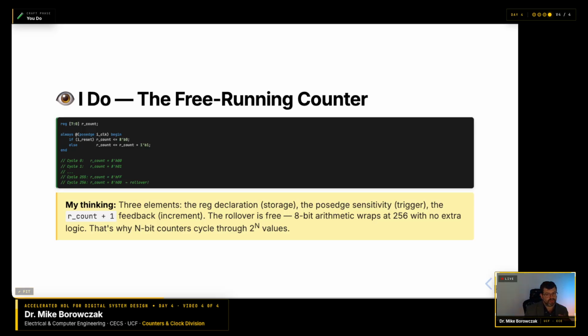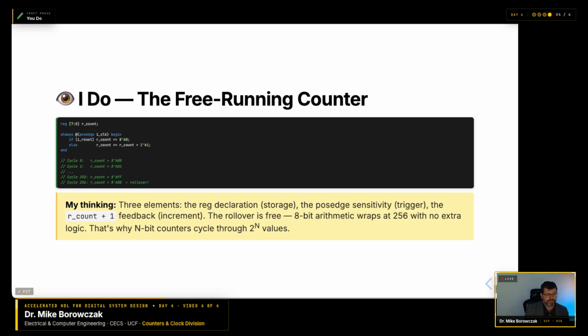We basically get rollover for free. Notice we're not doing any logic in here to roll over, because we have an 8-bit value at 256. When we hit 256, we essentially roll over. That extra bit goes away. Essentially, there's nowhere for it to go, because we're not storing it.